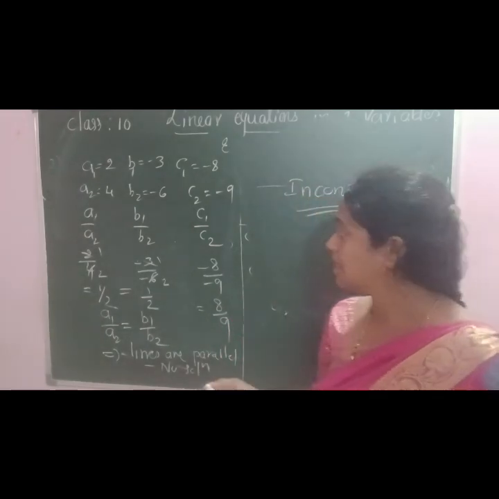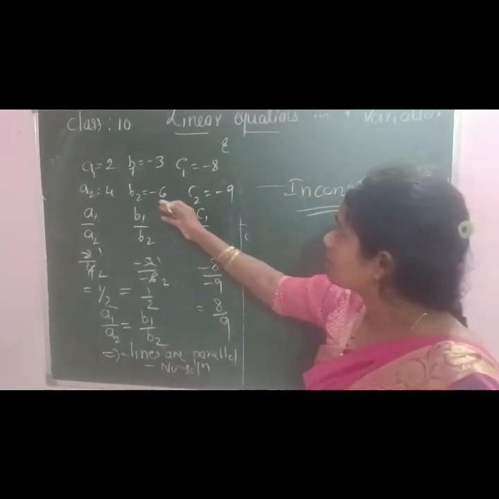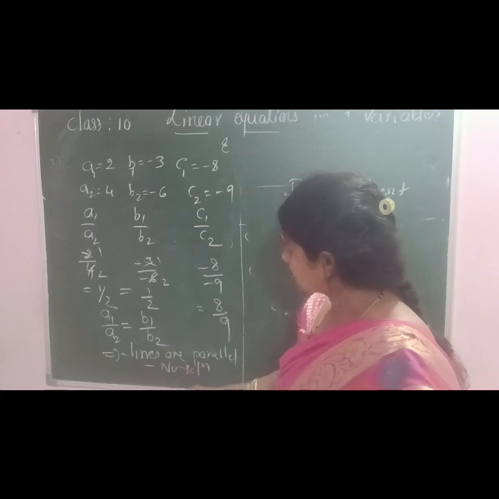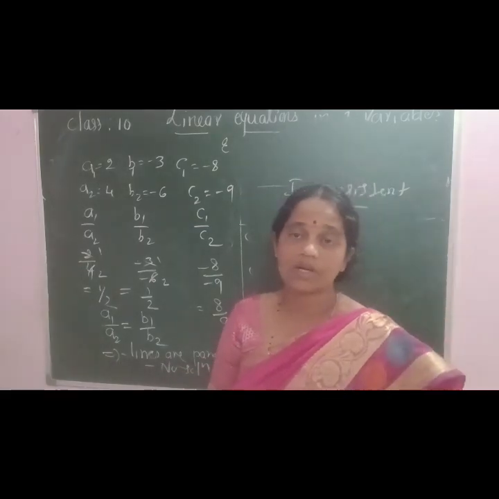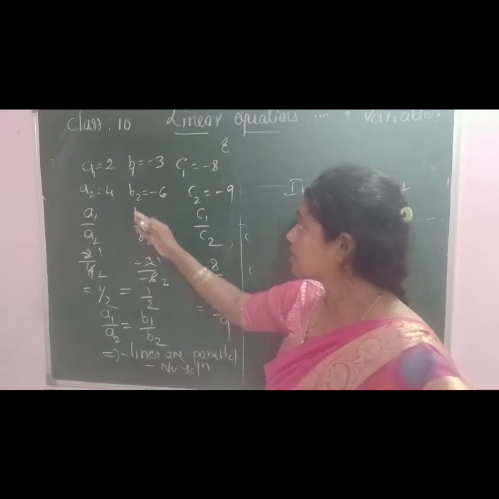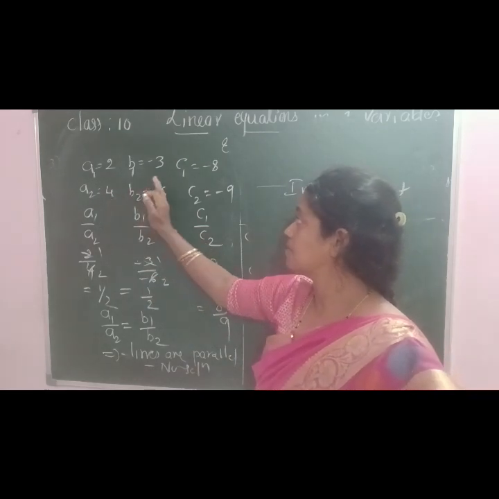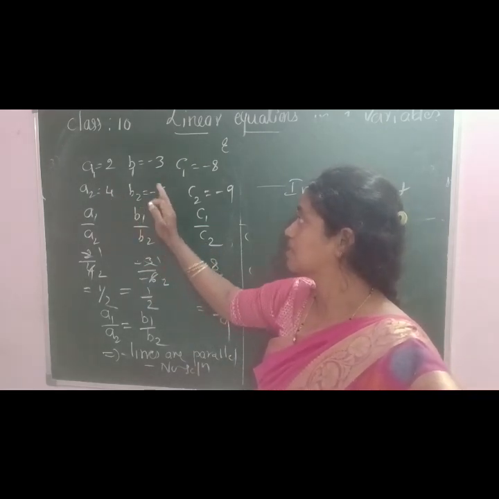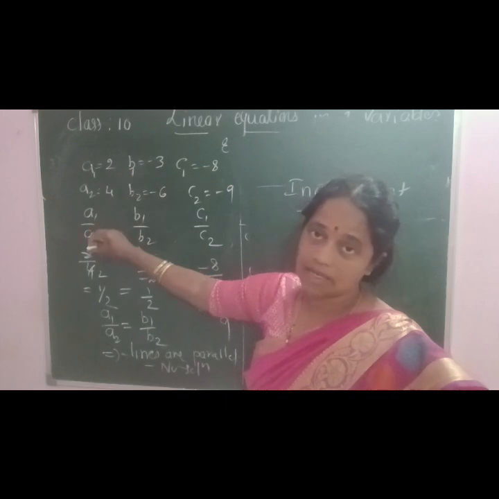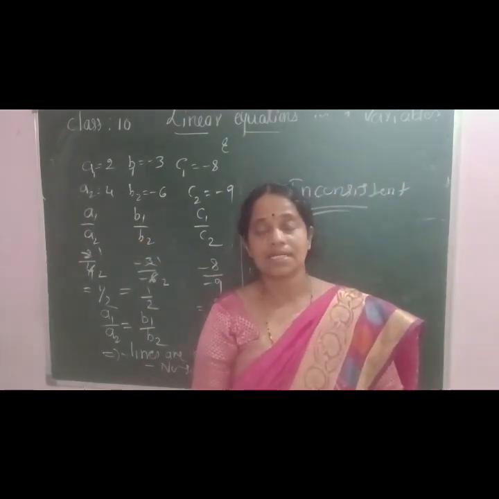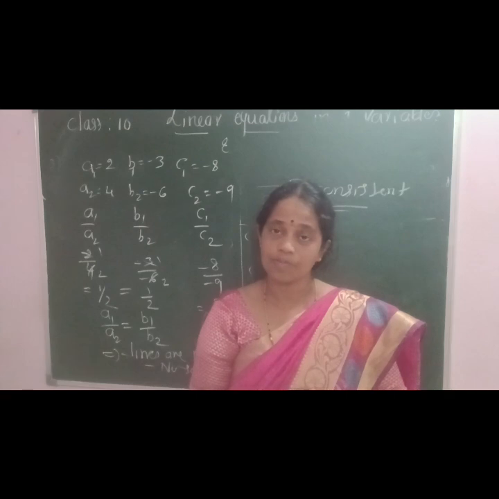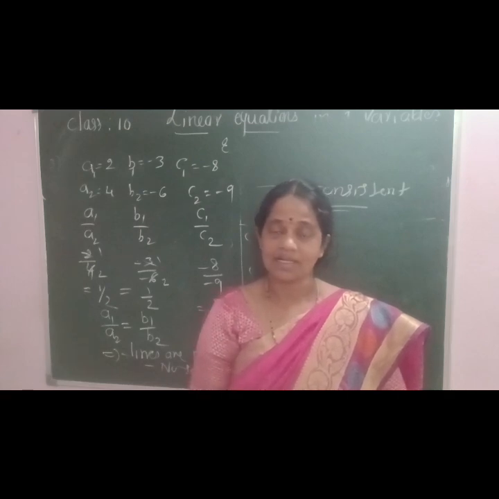In today's class we discussed whether the pair is consistent or inconsistent based on the values of a1, b1, c1, a2, b2, c2, by calculating the ratios. I hope you understand this problem. Do practice every day and take care.